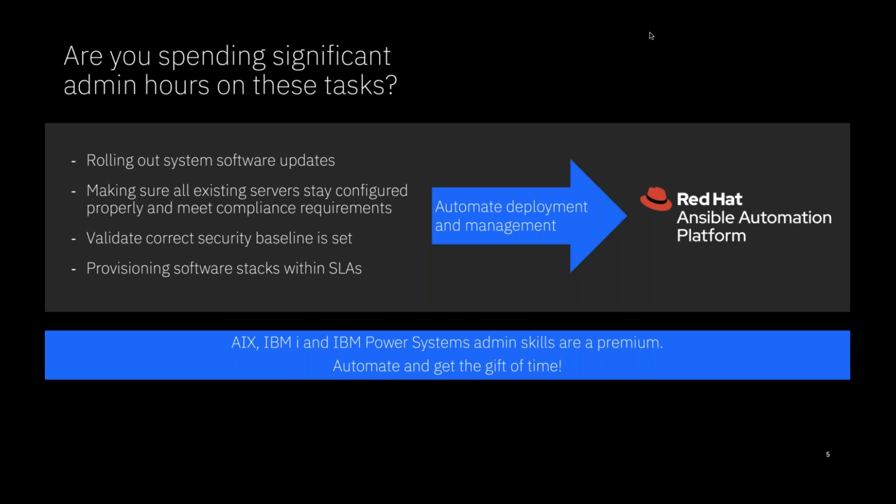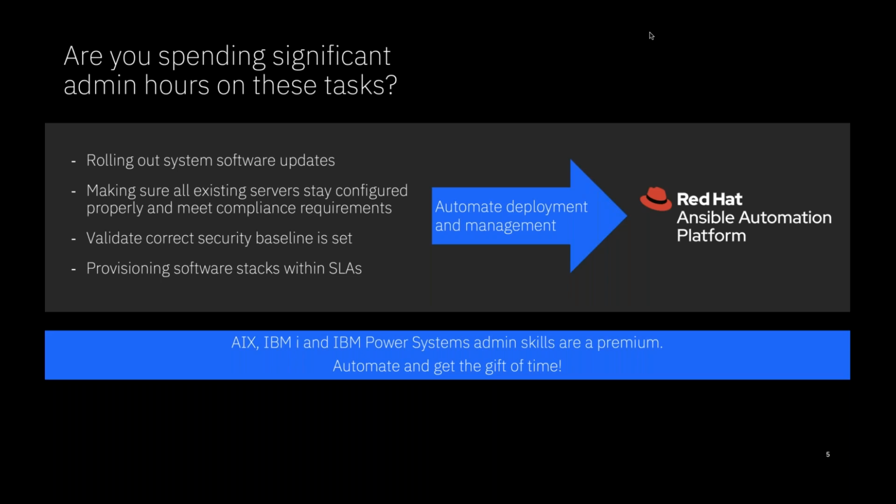Maybe those are things like how are people updating or patching systems, making sure they're at the latest compliance levels. How are people provisioning new partitions, or ensuring that the right security protocols are installed and things are up to date. There are all of these different scenarios that we're hearing time and time again, where folks are spending time doing these very repetitive tasks, and that is less time they can be doing other things valuable to the business.